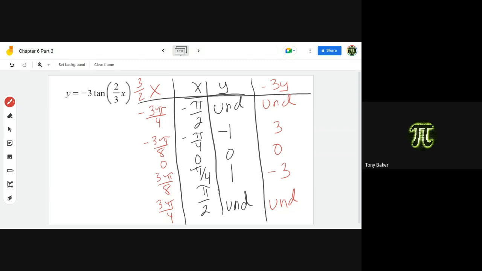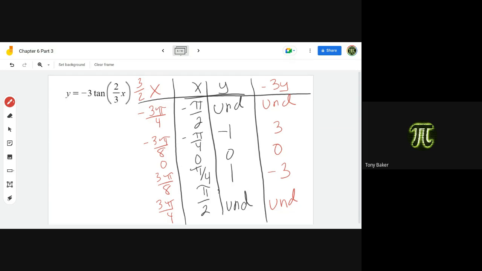So I'm just multiplying all the x's by 3 over 2. The same rule goes for sine, cosine, tangent, and secant, cosecant, and cotangent. Always this flip. Even if it's a whole number, you make it a fraction. So if we're graphing that, we're just going to graph those 3 points and the 2 asymptotes, which I'm going to show you right now.